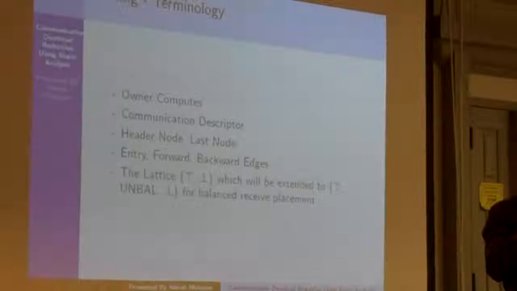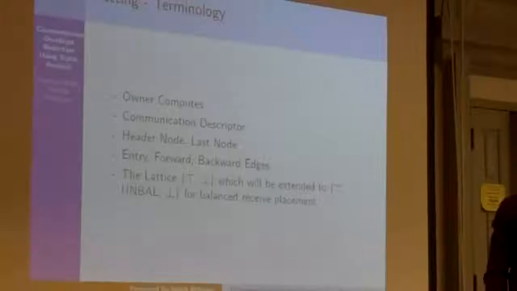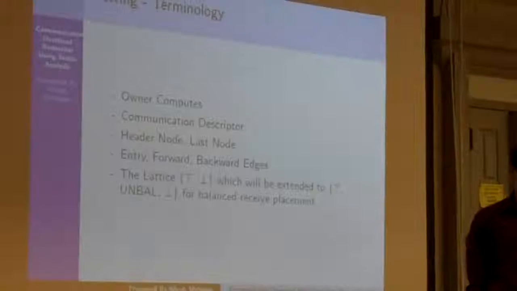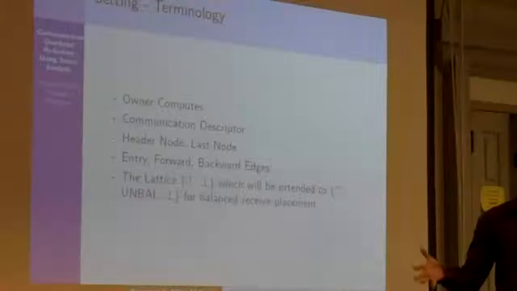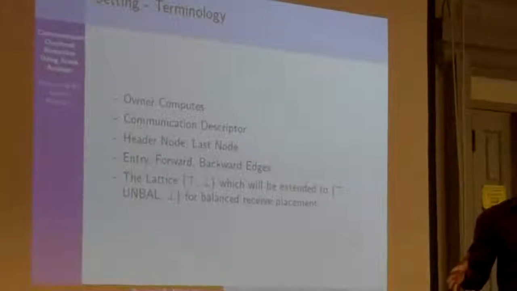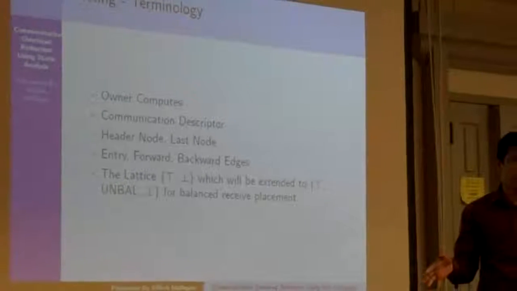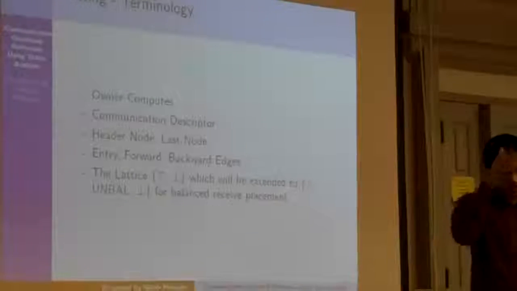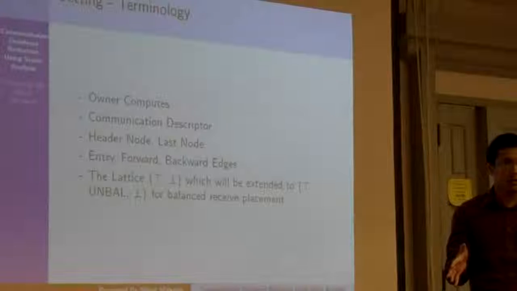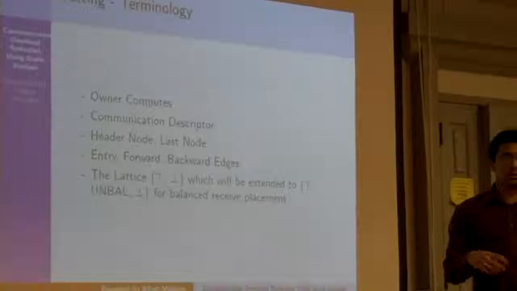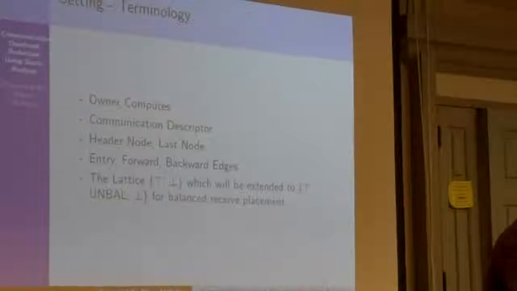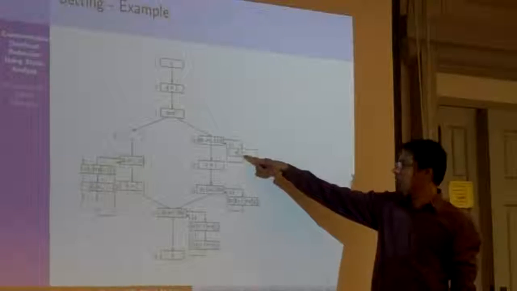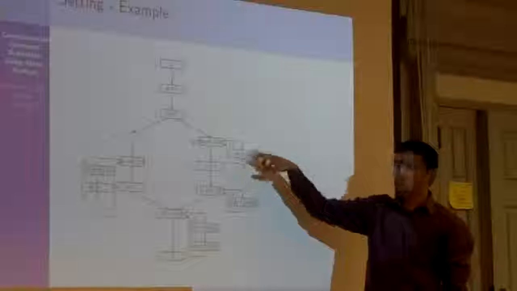Some of the terminology from the SPMD world. There's something called the owner computes rule. Now you have many processors. This is an SPMD setting, single program multiple data. You have many processors executing the same program in MPI style, and given a certain computation, who executes this computation?